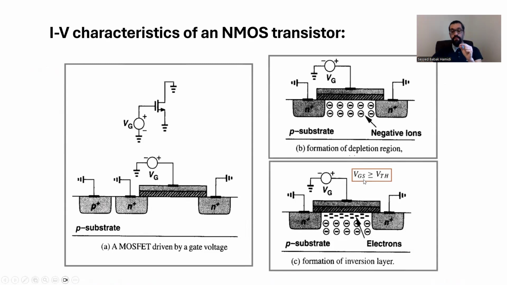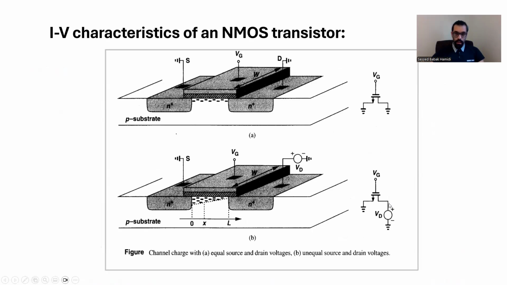But when VGS is greater than the threshold voltage, you will have that layer of electrons and the transistor is on. When the VG is higher than the threshold voltage, but the source and drain terminals are still grounded, we say there are equal source and drain voltages.